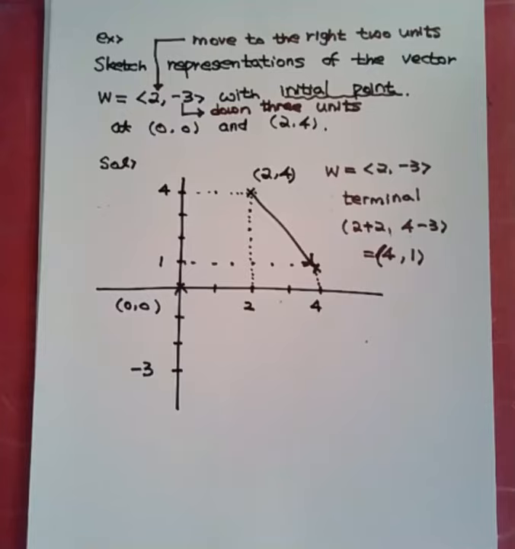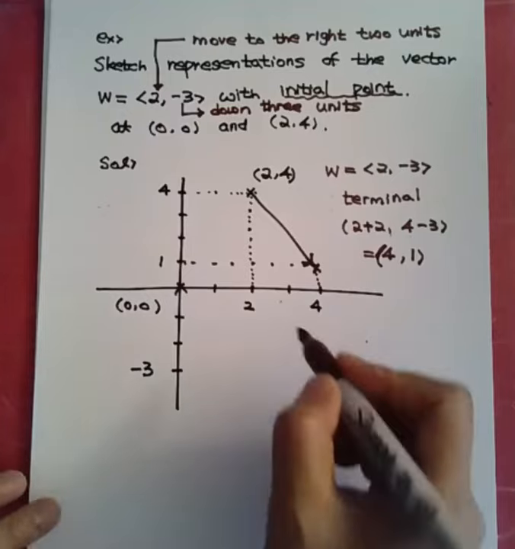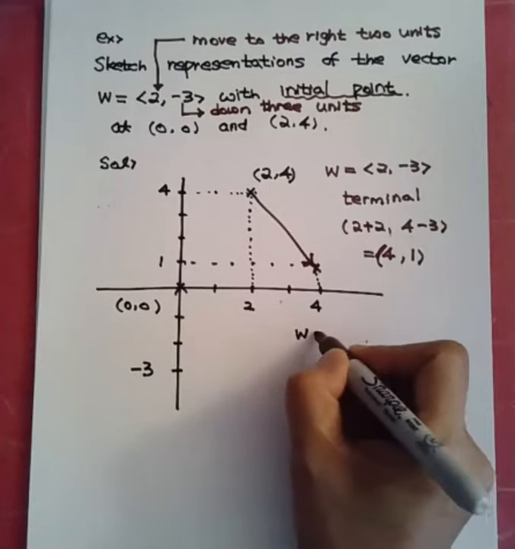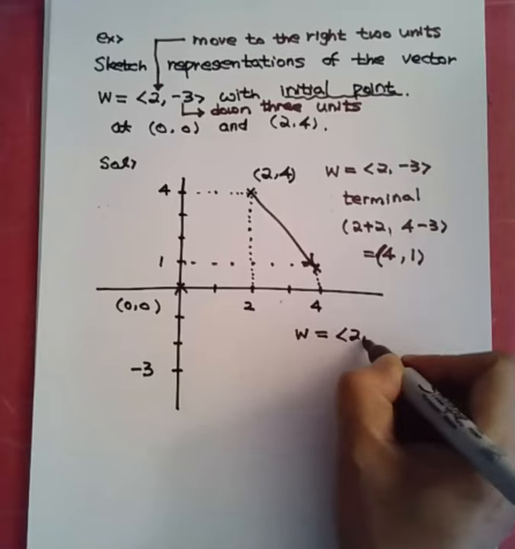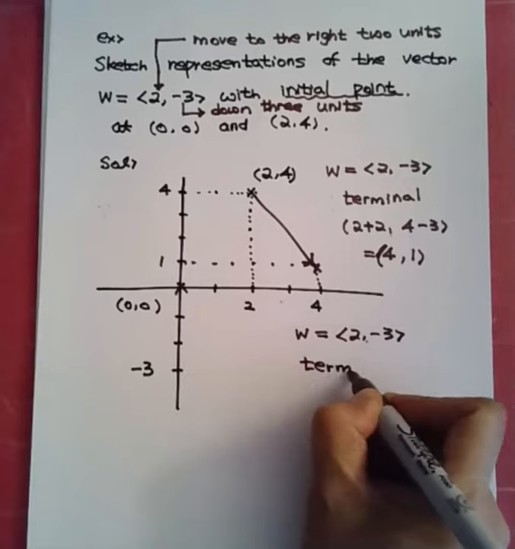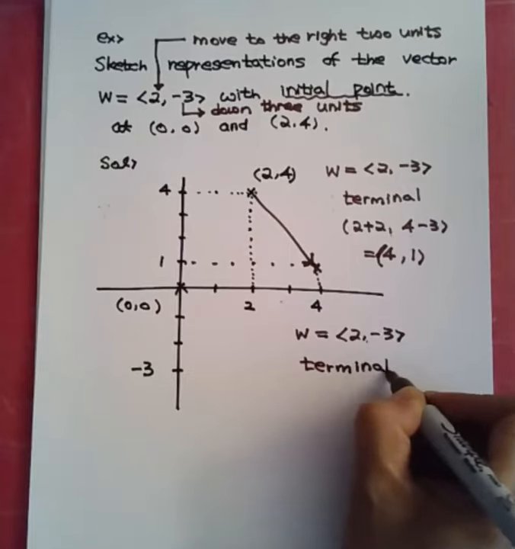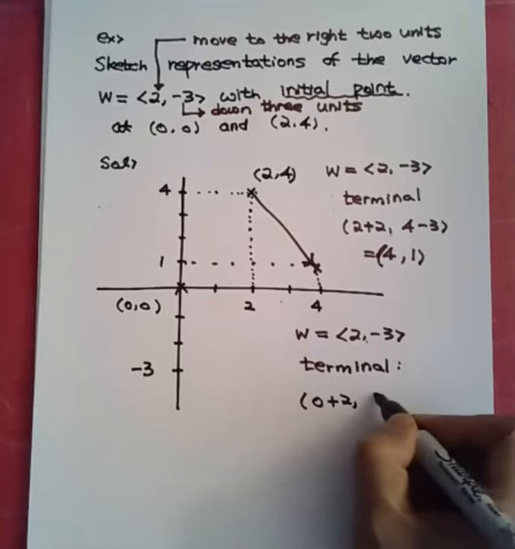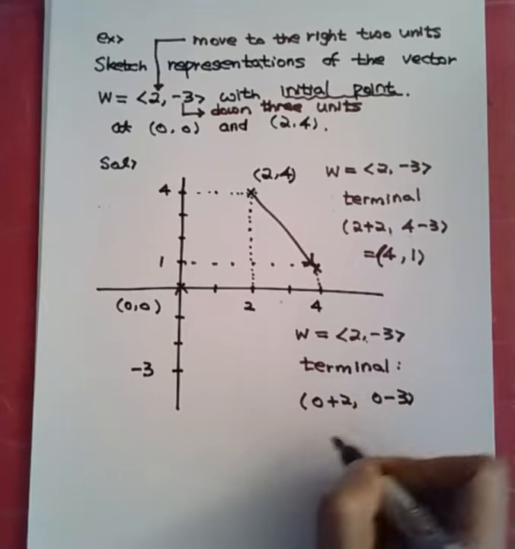If we start at (0, 0), we go through the same process. So w is ⟨2, -3⟩, and the terminal point will be (0 + 2, 0 - 3).